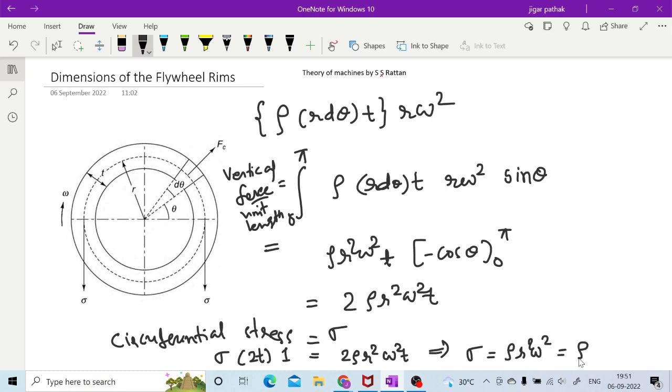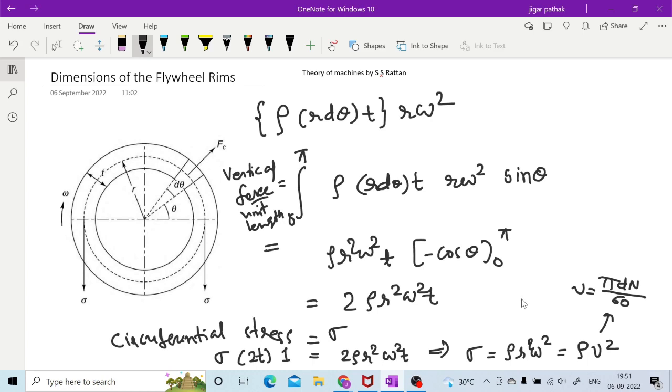So r omega is nothing but velocity, right? So sigma equals rho v square, and v can be calculated by pi d n by 60, where d is the diameter of the flywheel and n is rpm.